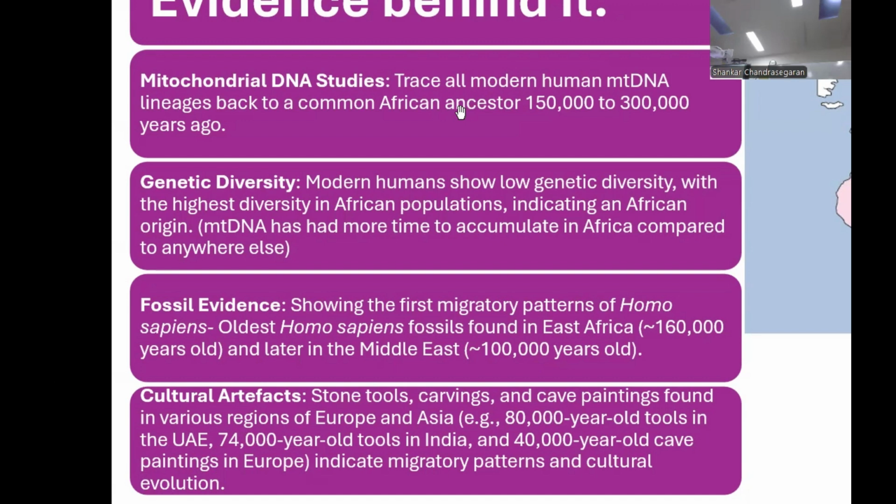And to see that there's a low amount of genetic diversity in the population out of Africa, that means that not a lot of time has passed since people moved out of Africa.